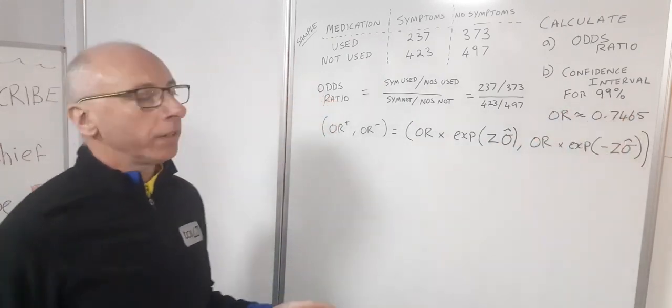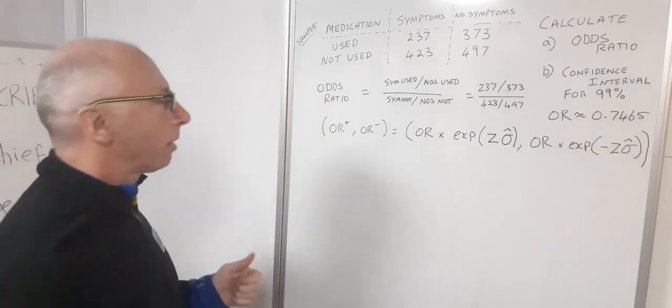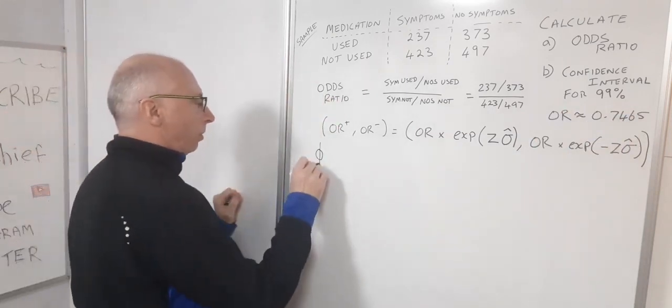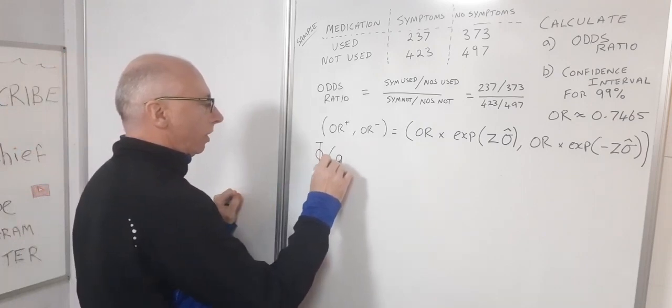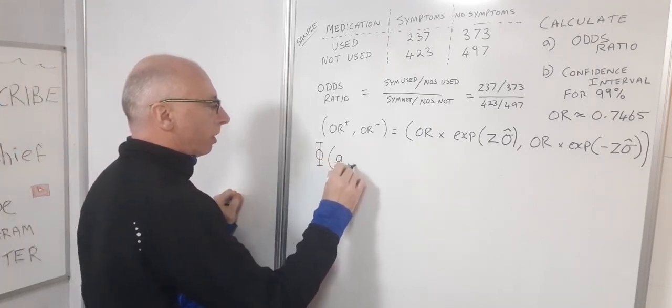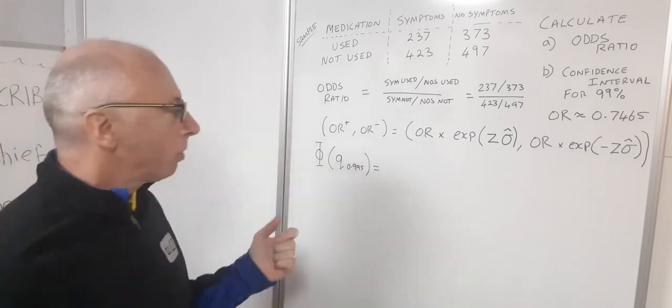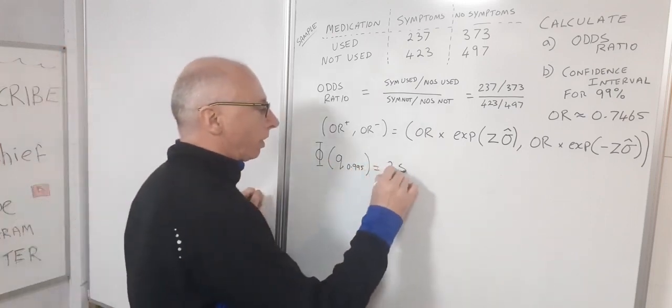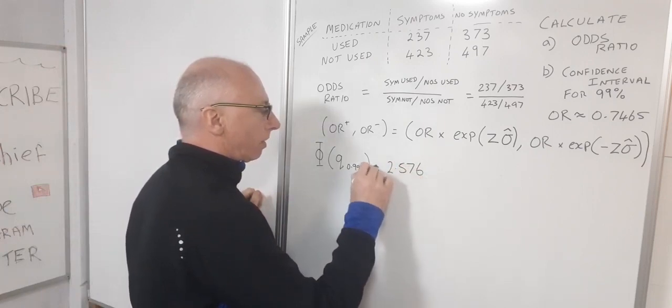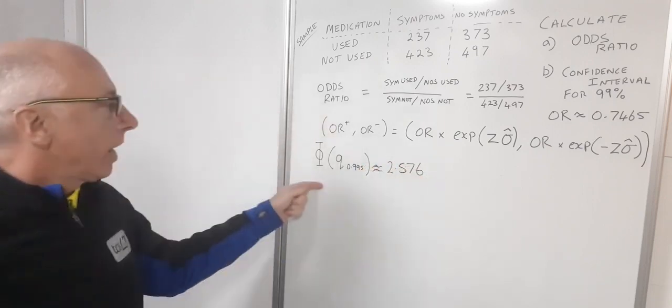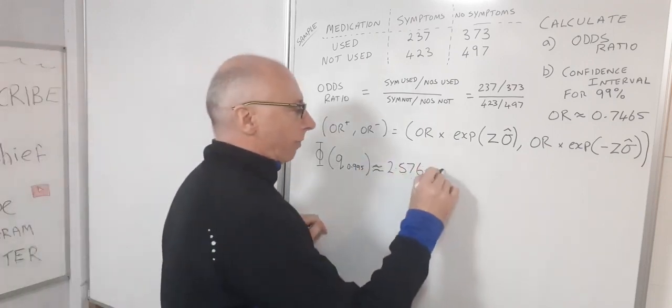So 0.995 is the value on our table. So on our table we want phi of the quantile of 0.995, and if you look on our table, this will give us an approximate value of 2.576. So that's going to be our Z value.